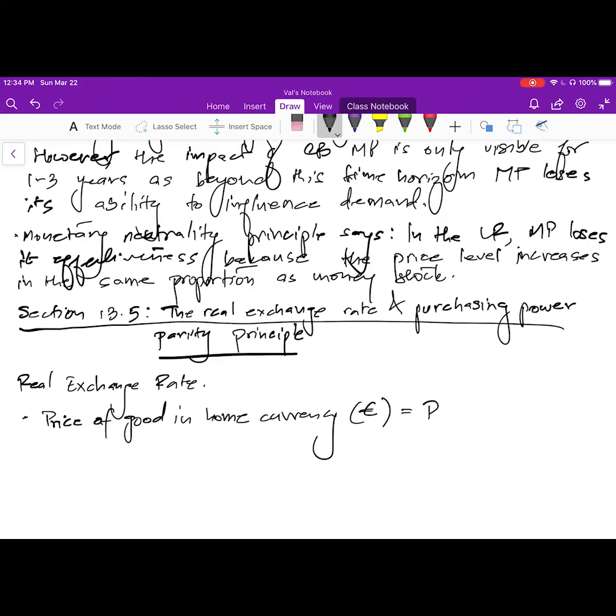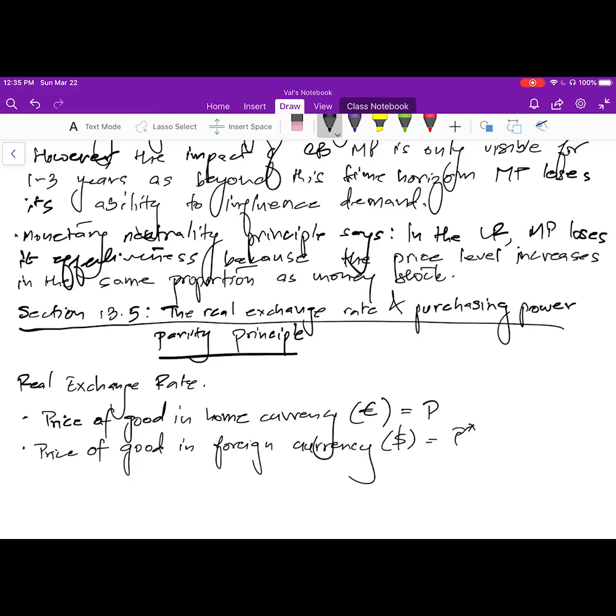So we'll say the price of good in foreign currency, which as I mentioned before is dollars, we'll call it P star.